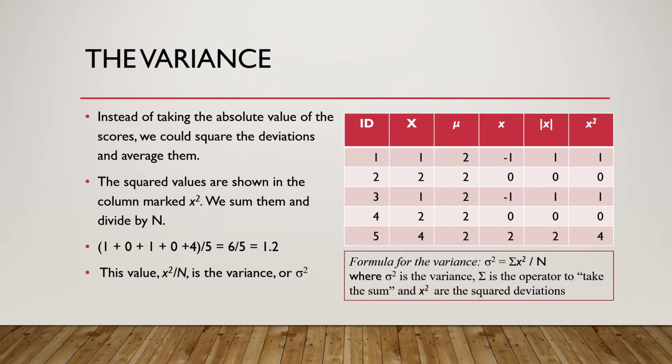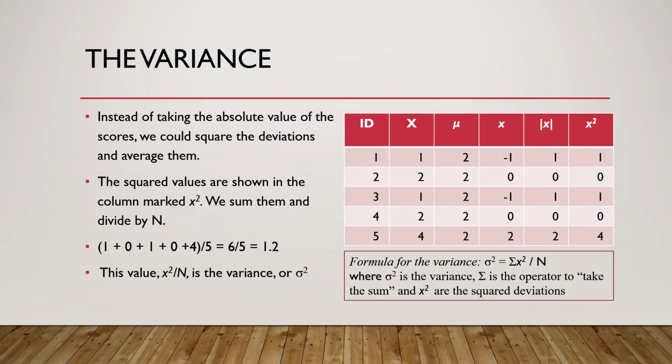Here's a further alternative. Instead of taking the absolute value of the scores, we could square them and then get the average of the squared values. That is the variance. In this case, I've made a column for the squared values, and if we add them up, 1 plus 0 plus 1 plus 0 plus 4, we're going to get a sum of 6. Divide again by the number of observations we have, which is 5, and that's going to give us a variance of 1.2.